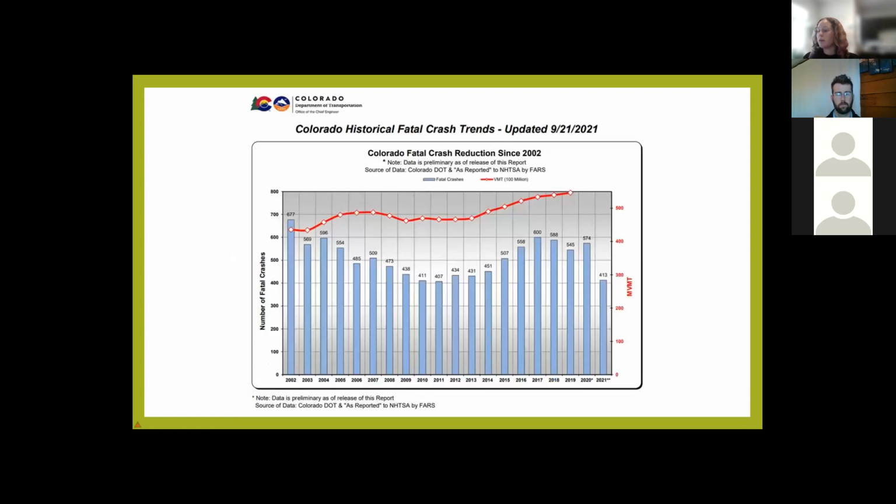Here we are showing the number of fatal crashes that occurred each year in Colorado, going back to 2002 up to 2021. And the number of crashes has been relatively constant over time, with the most significant drop around 2011. And both 2020 and 2021 data are preliminary as of the release of this report presented here.